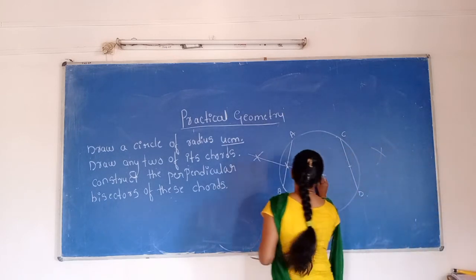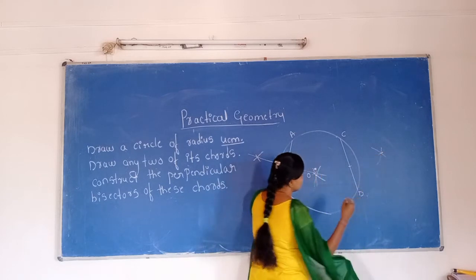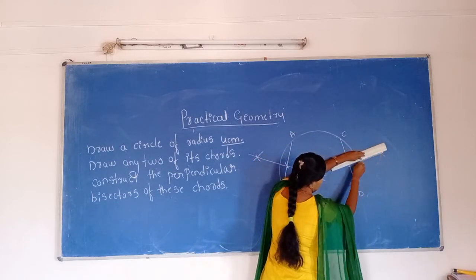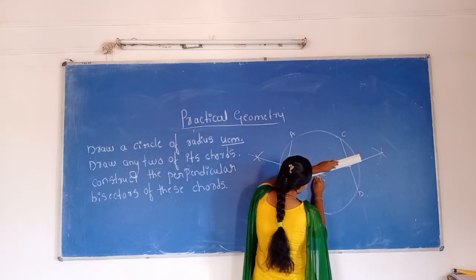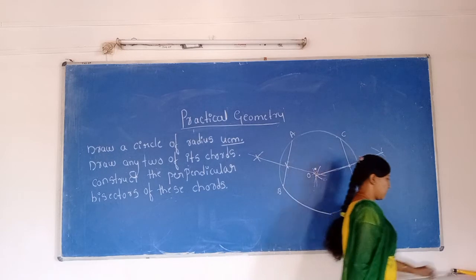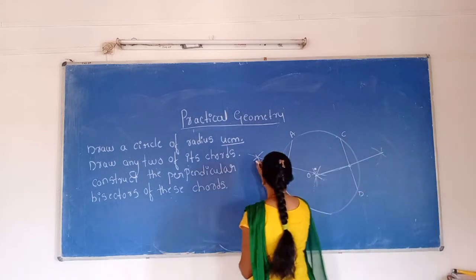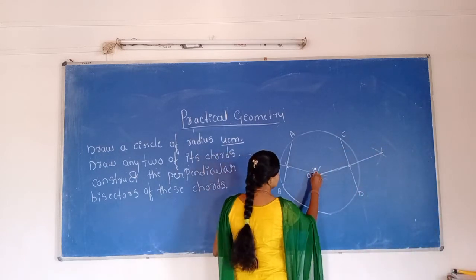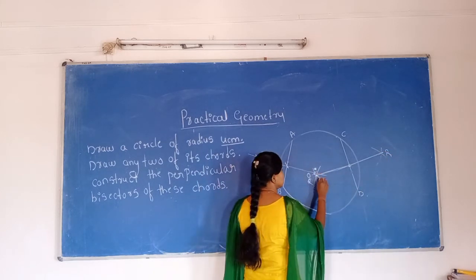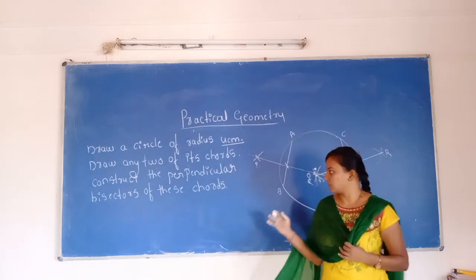Here is the center point and here is the center point. You have to join these two lines. And again name it like this one is P and this is Q and this is R and this one is S. So is it clear?